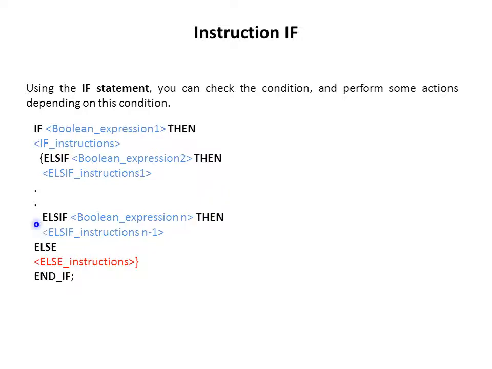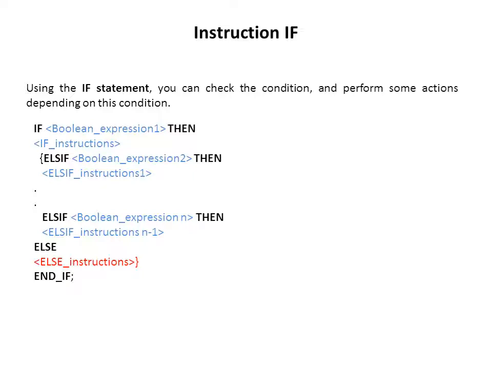These brackets contain some optional expressions for this operator. If Boolean expression 1 returns true, then the IF instructions will be executed. This instruction will be executed if this expression is true.